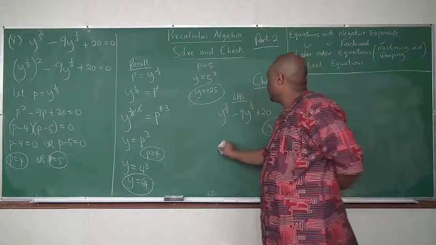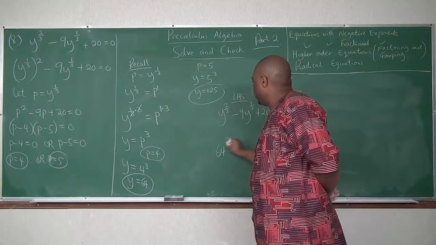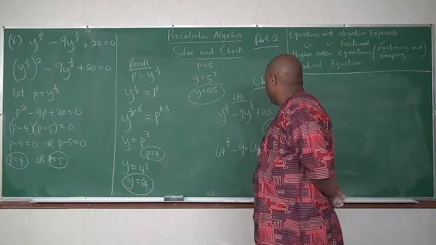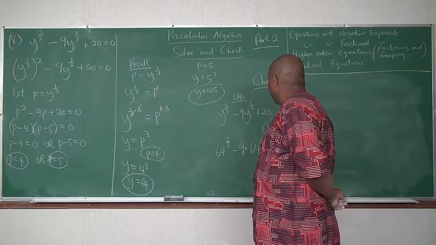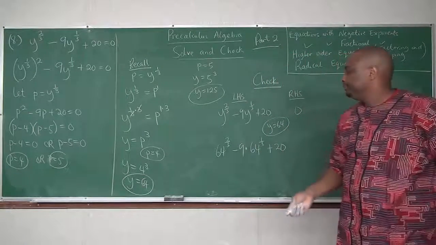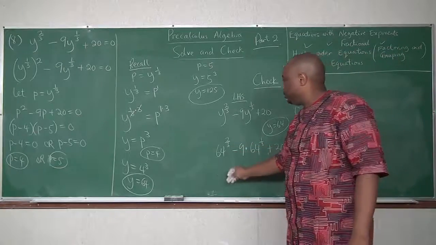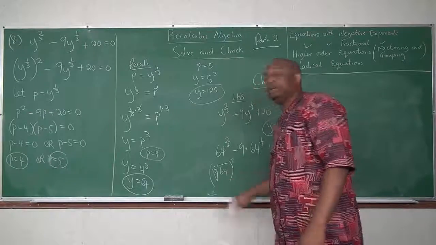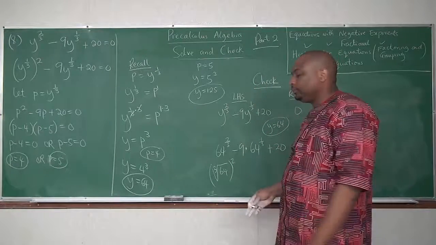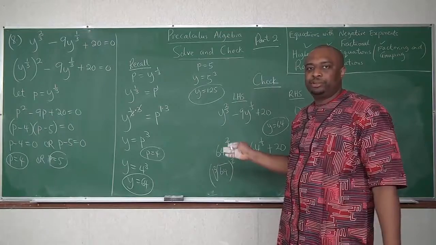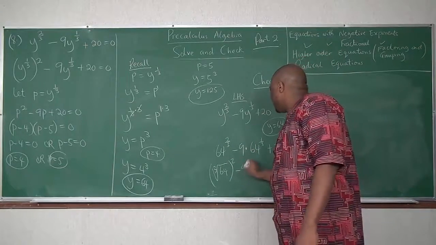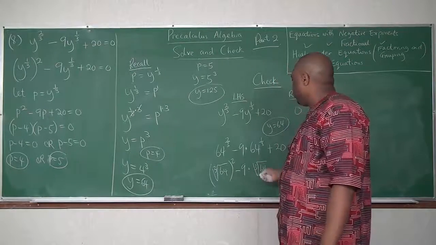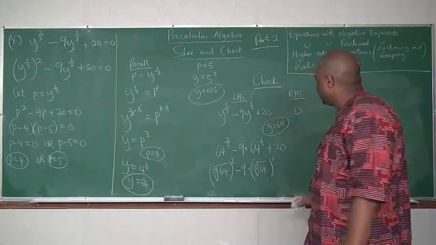This means 64 to the 2 over 3 minus 9 times 64 to the 1 over 3 plus 20. This means cube root of 64, all squared, by the laws of exponents, a base with a fractional exponent, minus 9 times cube root of 64 raised to power 1, plus 20.